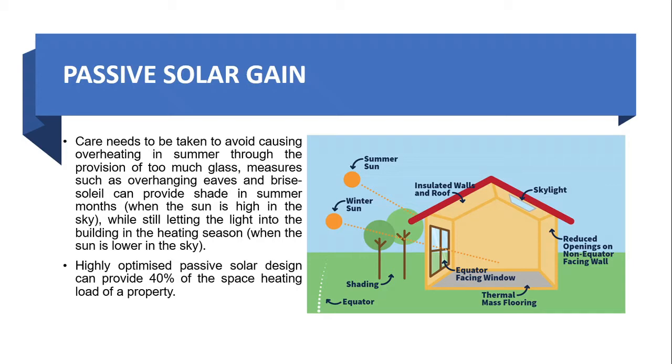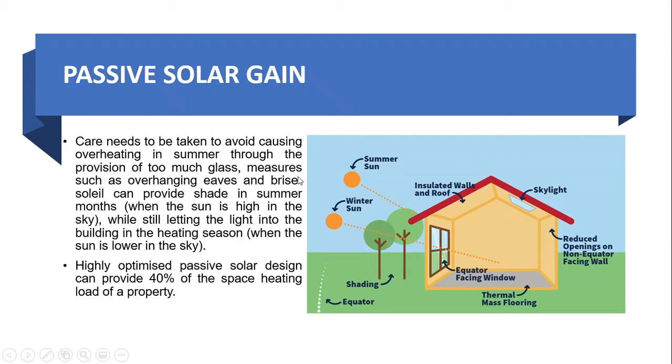To prevent that, we use overhangs, eaves, shades, and brise soleil that can provide shade in summer months when the sun is high in the sky. It still lets the light come inside the building, but there is less heat. If we have designed a building with a highly optimized passive solar design, it can cater up to 40% of the space heating load of a property.